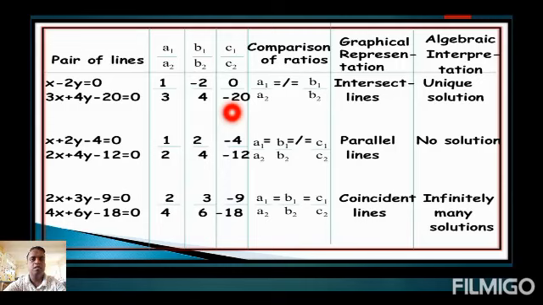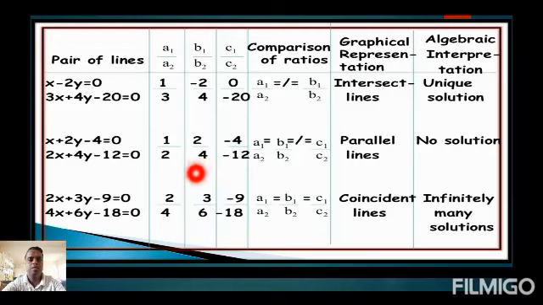Here a1 by a2 is not equal to b1 by b2. So if a1 by a2 is not equal to b1 by b2, then the graphical representation is intersecting lines. It has a unique solution.